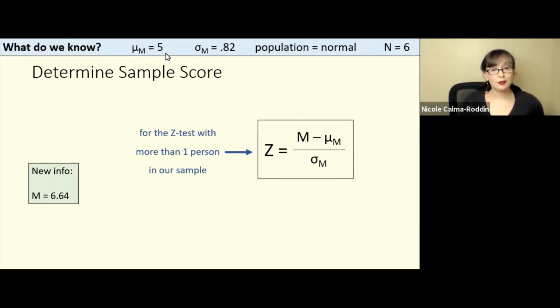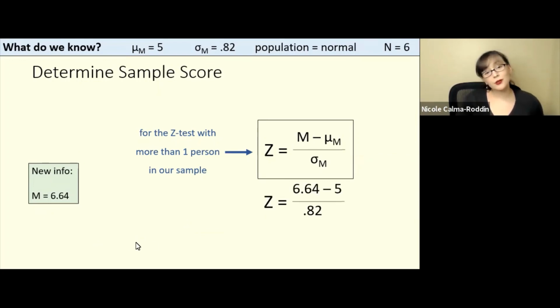We have to, again, consider what we know. In step 2, we have the information of the standard deviation of our distribution of means and the mean of our distribution of means. The new information now is that we might have our 6 scores that we need to get the mean of, or we might just have the mean already calculated for us for that sample. Our sample mean is 6.64.